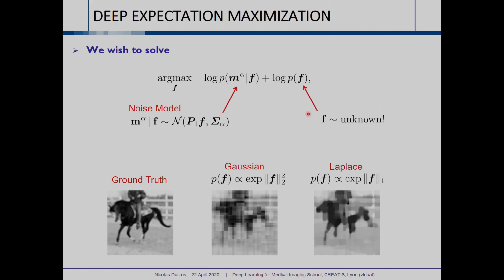As a reminder, starting from the ground truth image, if we consider the Gaussian prior, we end up with what we called previously the pseudo-inverse, the Gaussian inversion, and the Laplace, the total variation image, if we use a Laplace distribution for F. In practice, the distribution of F is unknown, so we will have to learn it in some way.